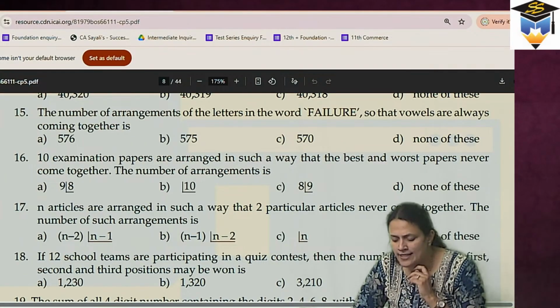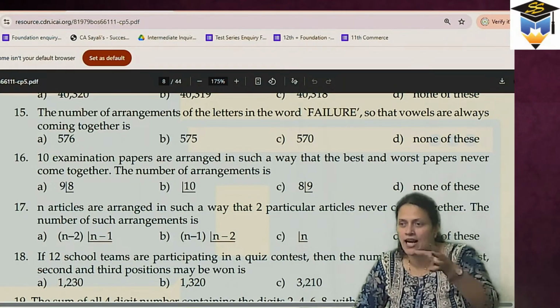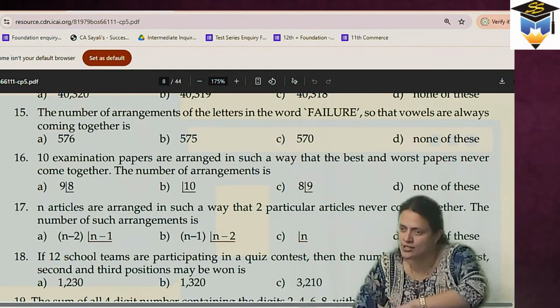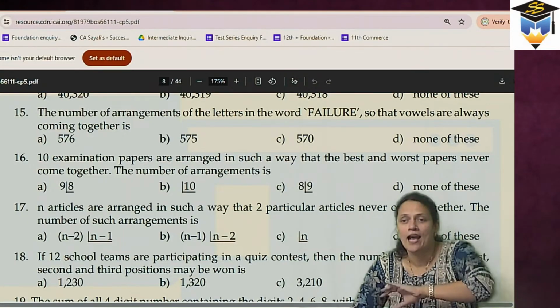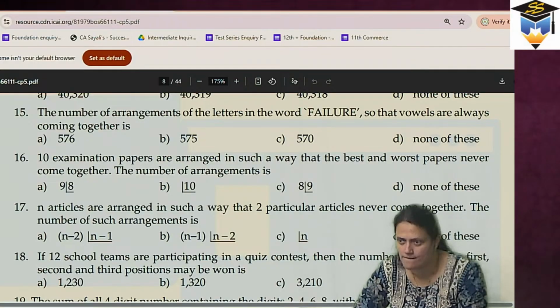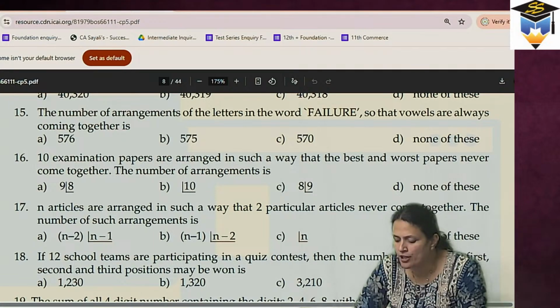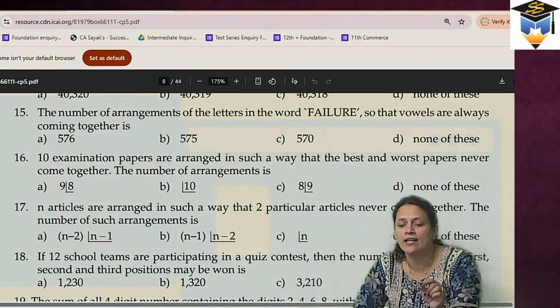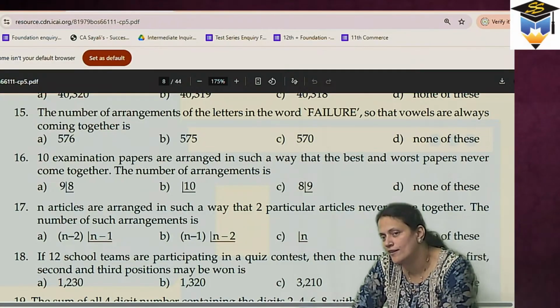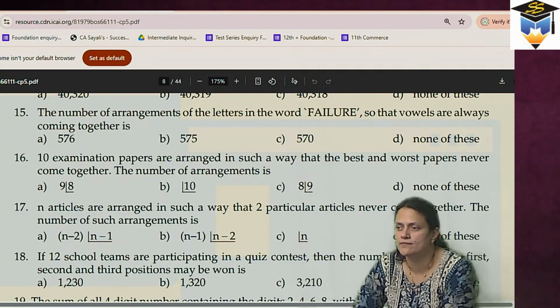So can I say they can be arranged in 9 factorial ways? So best and worst papers can be arranged in 2 factorial ways. Either best or worst. Okay. And we are going to subtract 1 from 10. So the total number of arrangements in which these papers can come together will be 9 factorial into 2 factorial.